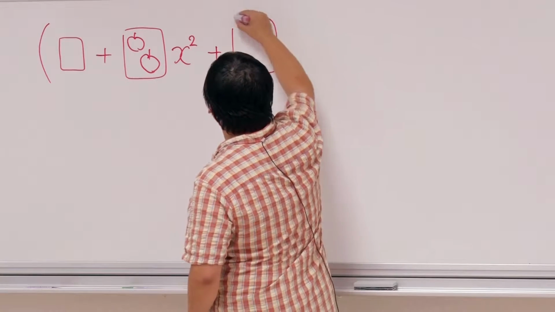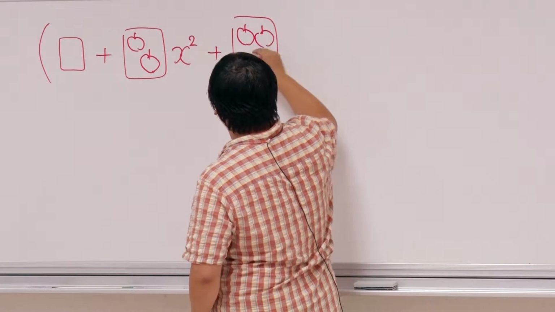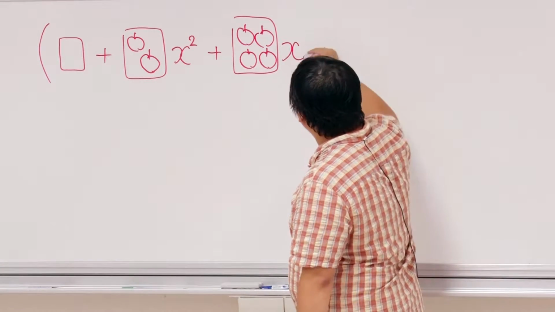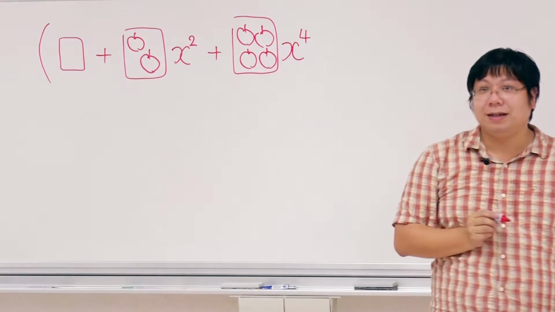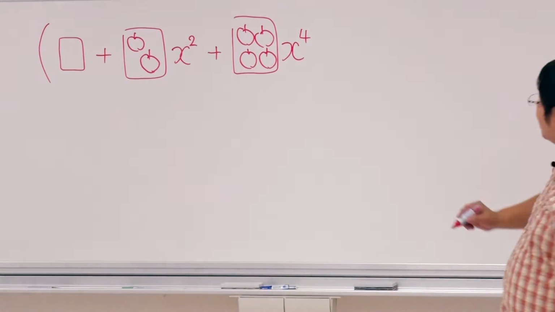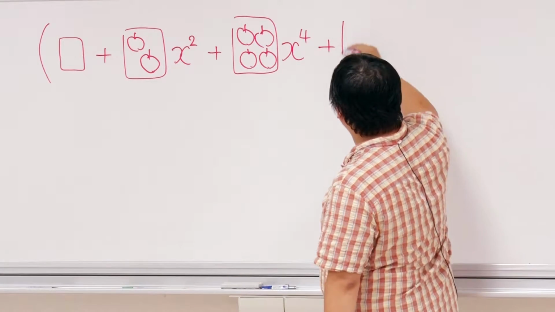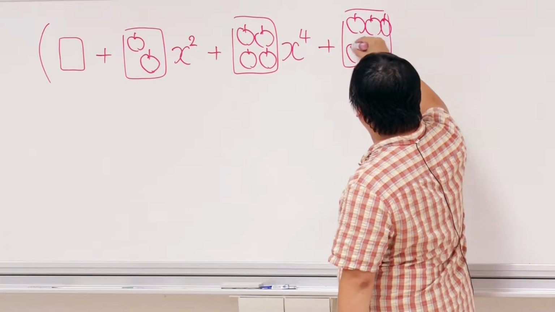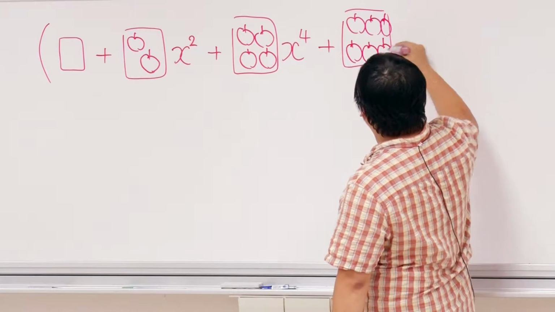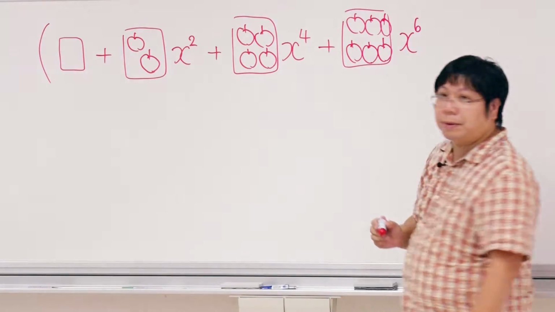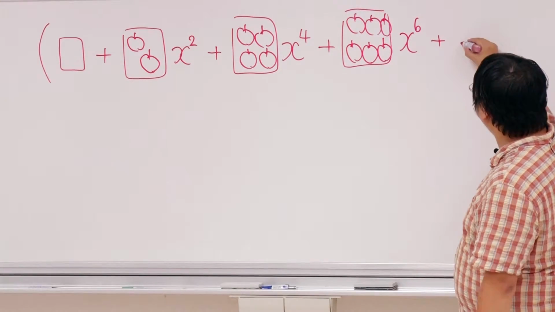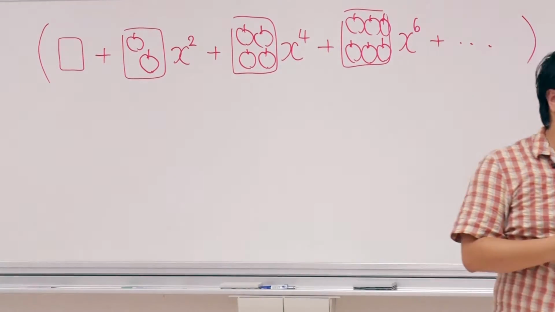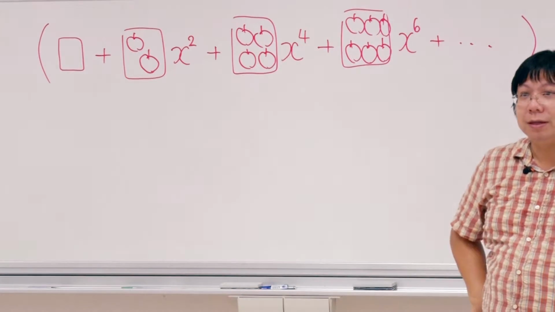When there are 4 apples, I'm going to multiply this with x to the power 4. And for the case with 6 apples, I'm going to multiply this with x to the power 6, and so on and so forth. We keep it the same, but I'm multiplying each term by x to the power of the number of objects in that term. Is that okay?